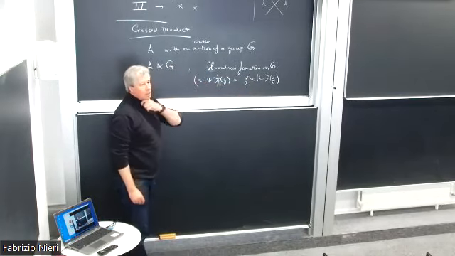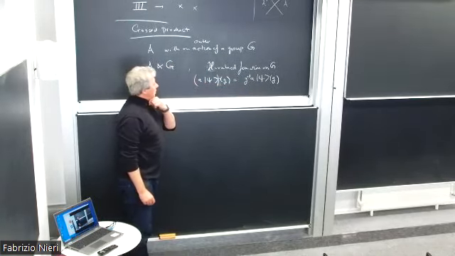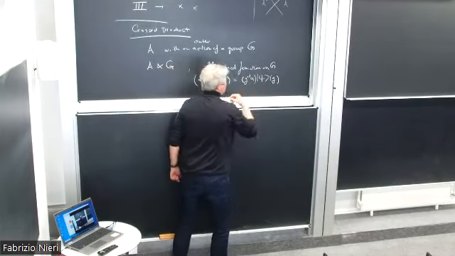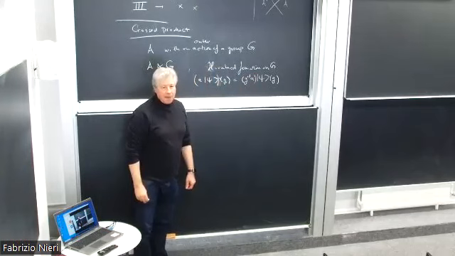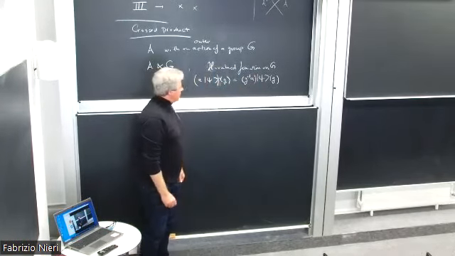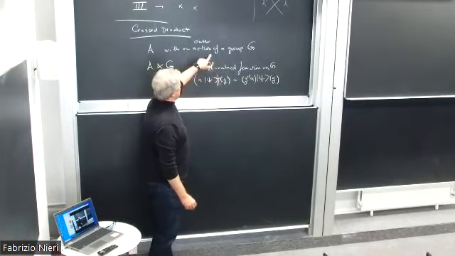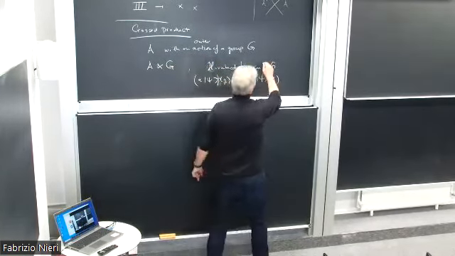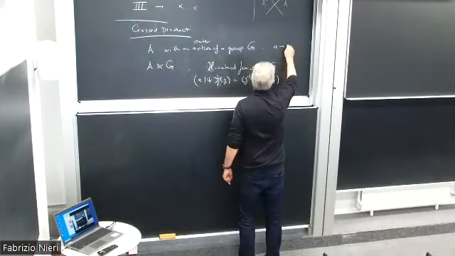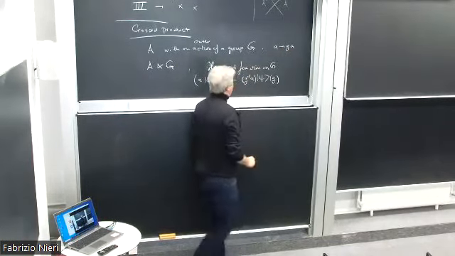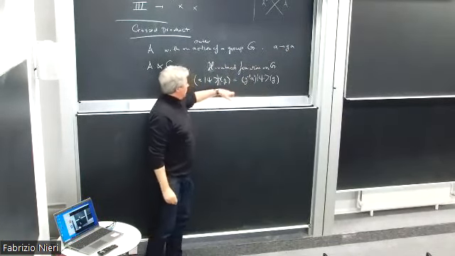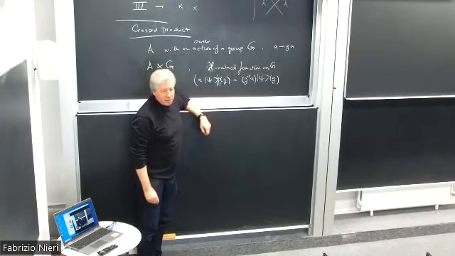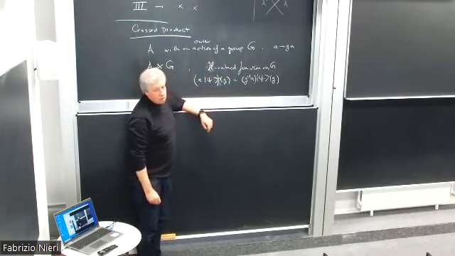So do you apply G inverse to A, the entire thing? There's an action of G on the algebra. I can take A to G of A times A, but here I wrote the inverse element. If you put G without the inverse, then it will not be a group action.